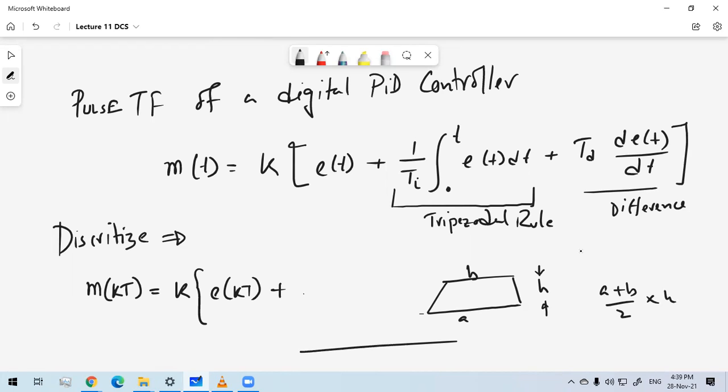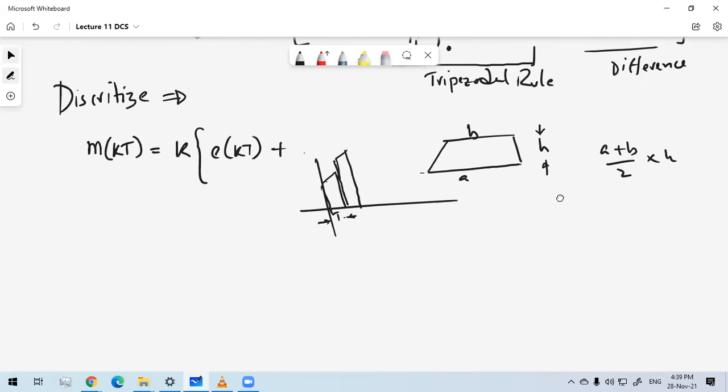In our case, we have a sampled signal like this. Our height here is basically T, and this is one base and this is the other base. So this is how we have to find the integral, up to the kth sample. Because we are discretizing it for t equal to kT, m(kT) equal to K e(kT) plus the integral part that we want to evaluate by the trapezoidal rule for each of the samples.